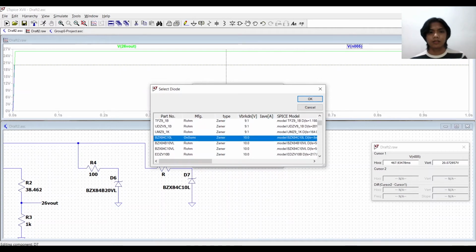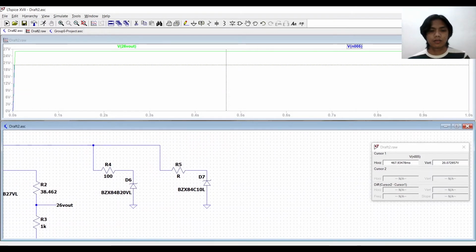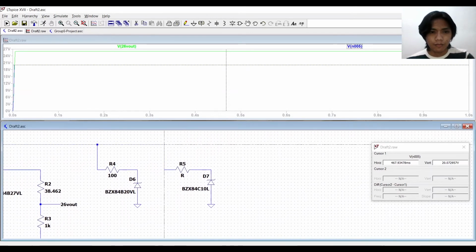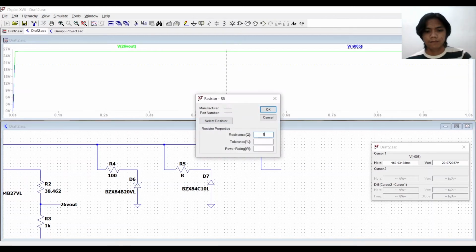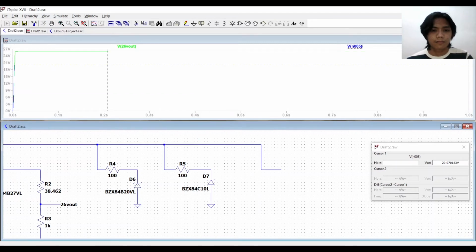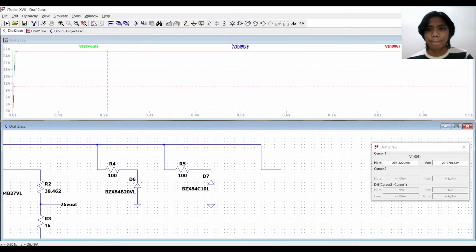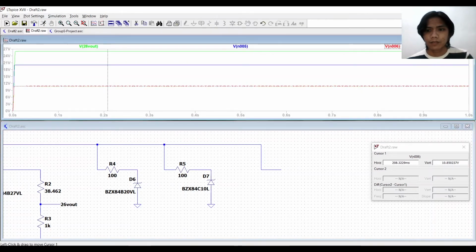Right. So this time the manufacturer is on semi. So again, by running it, you can see that the output is pretty much stable.